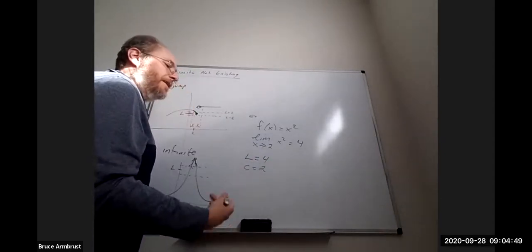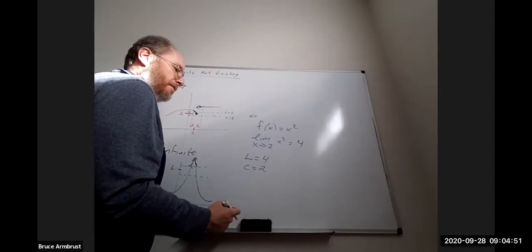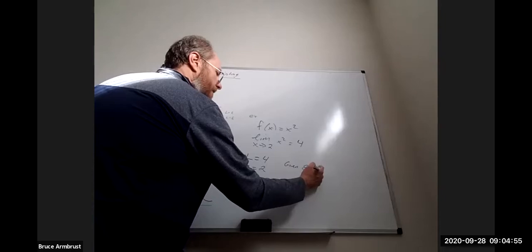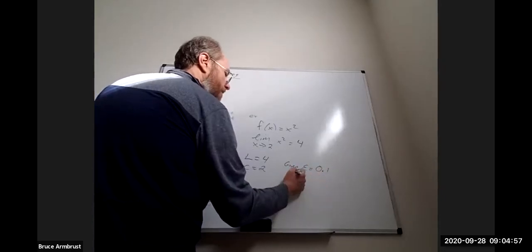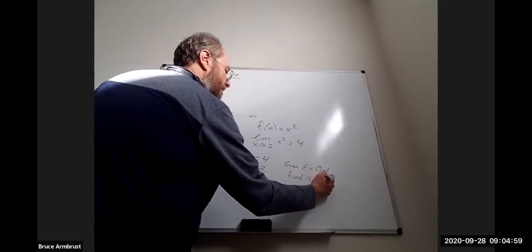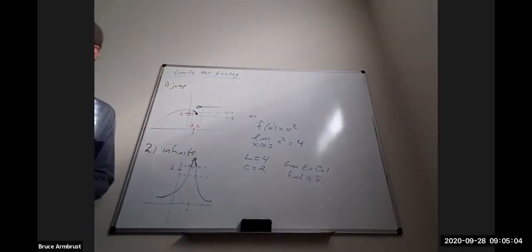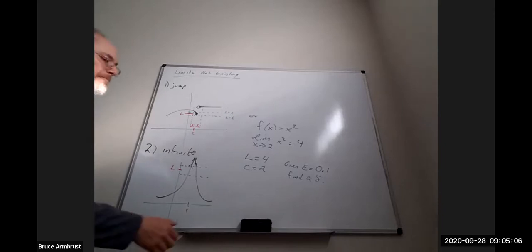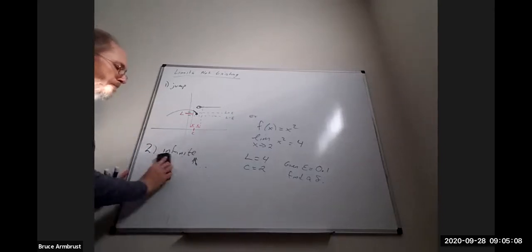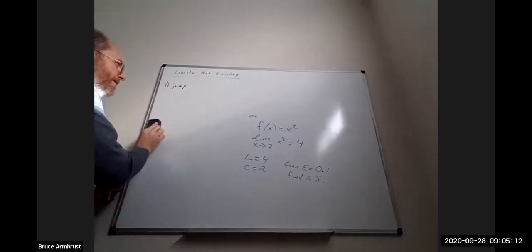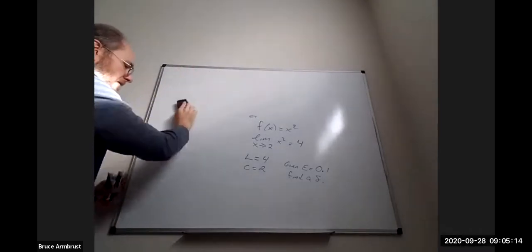Now, I'm going to give you an epsilon. Let's look at given epsilon equals 0.1, and let's find a delta. Again, with this limit definition, it says that given any epsilon, we can find a delta.